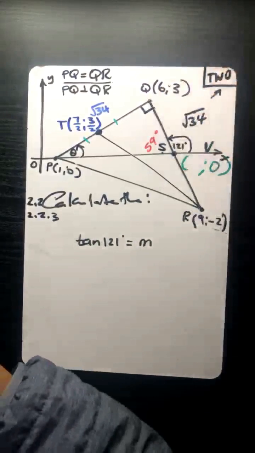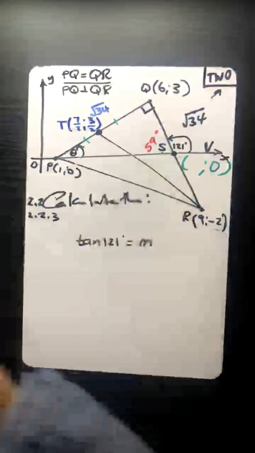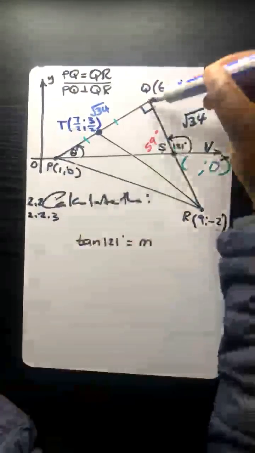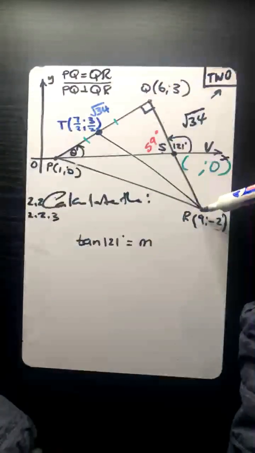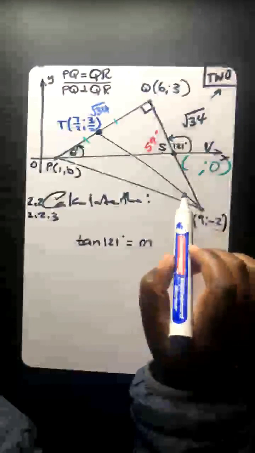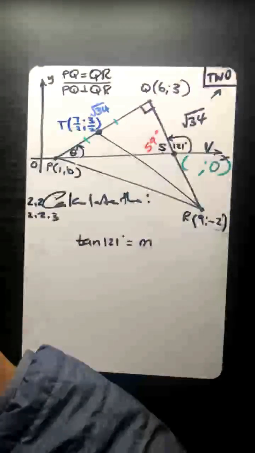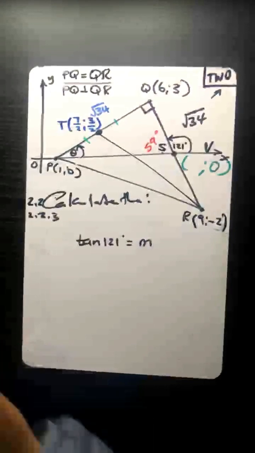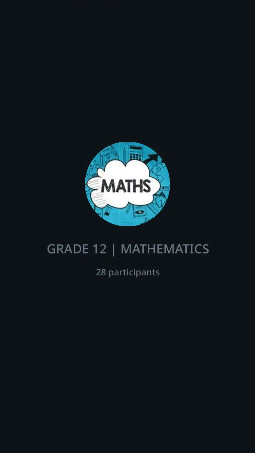But there might be other ways in which we can find the coordinates of S, by determining an equation of that straight line using those two points, and then from there we just solve for X. I'm not sure if it makes sense, honorable members. Let me quickly check what happens when I say tan 121.